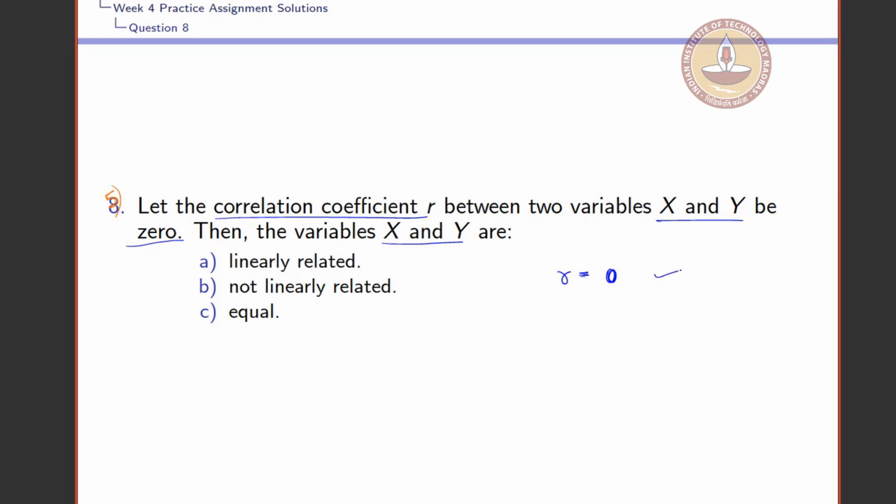So r is equal to 0, and we know that if there is a linear relationship between two variables, then the correlation coefficient is not equal to 0. Let's take the contrapositive. Then it will be, if the correlation coefficient is 0, that implies there is no linear relationship.